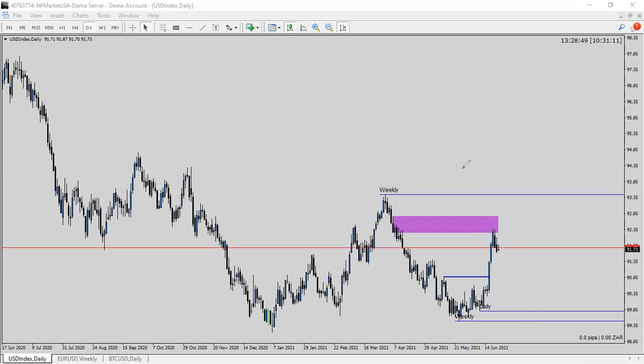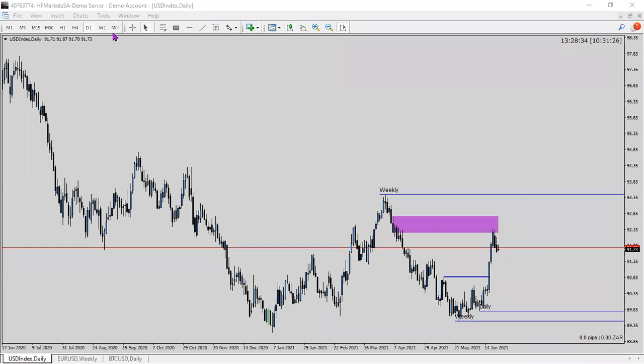But for now, for the remainder of this week, I would be looking to see price come back into around here, and then something back to the upside. Due to the fact that we have such a strong structure break, I expect price would most likely do something like that and then go to the upside, right?